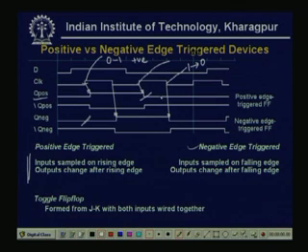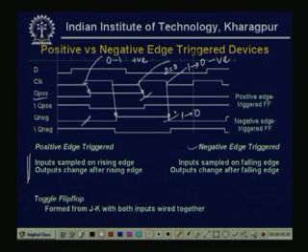But when it goes from 1 to 0, that means this is my negative edge triggered, then D becomes 0 here, and as the clock changes, the output of the negative edge triggered flip flop has changed from 1 to 0.